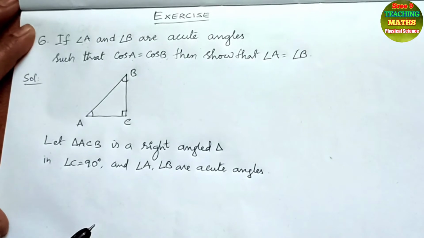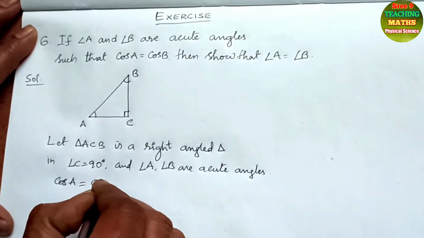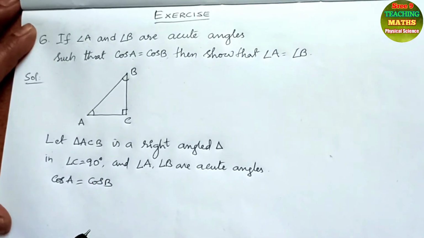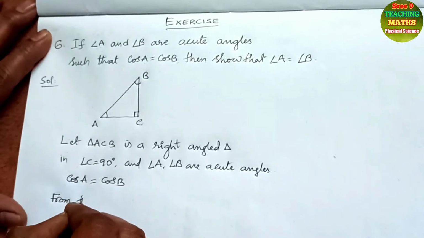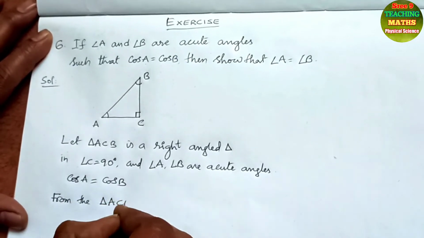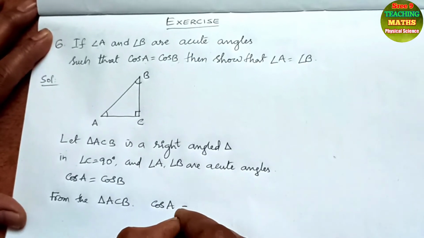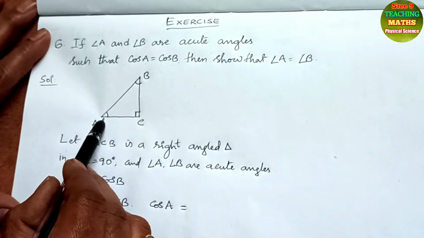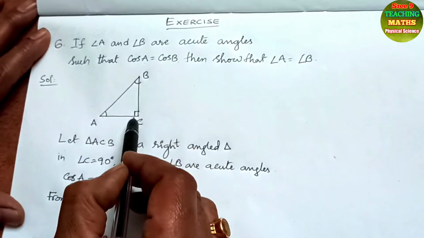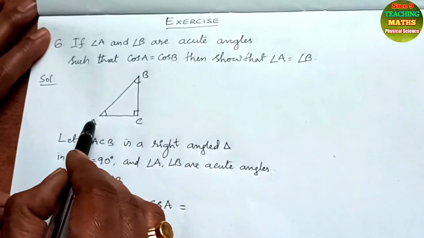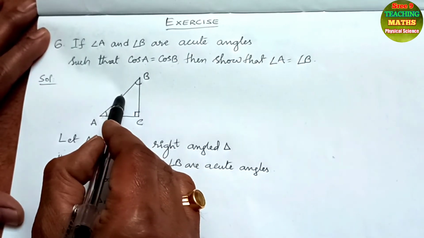Also given cos A is equal to cos B, so let us write that. Now from the triangle ACB, let us write cos A. Here it is A, and if you select this angle, this side is opposite to angle A and this side is adjacent to angle A, and this is the hypotenuse, as you know.